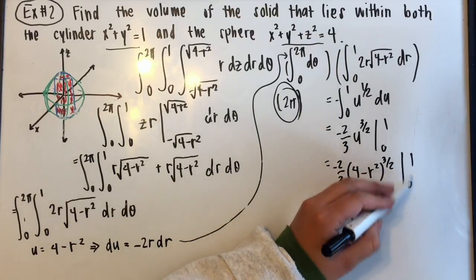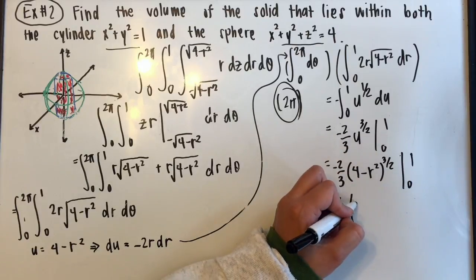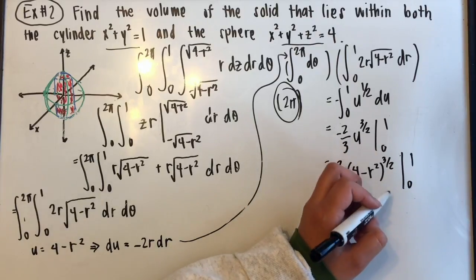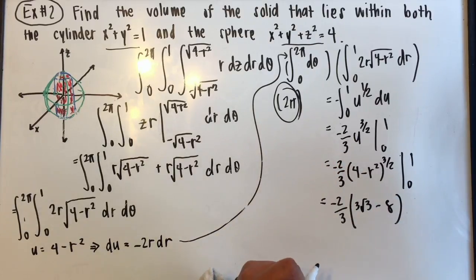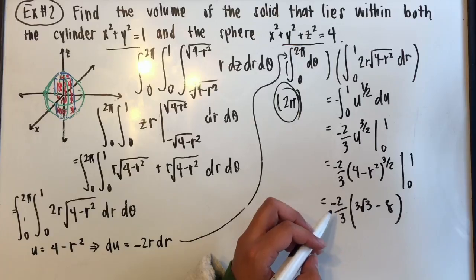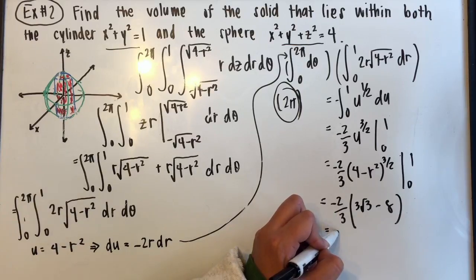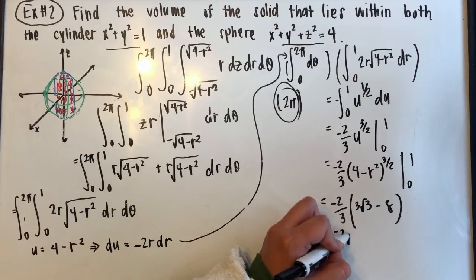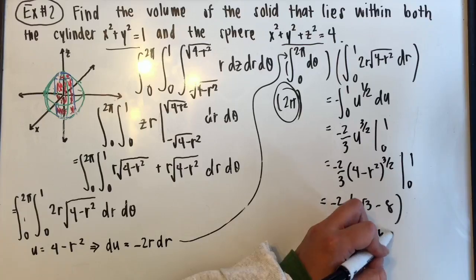When we plug in our limits, then we get the 3 to the rad 3 minus 8. And here we get -2 rad 3 plus 16 over 3.